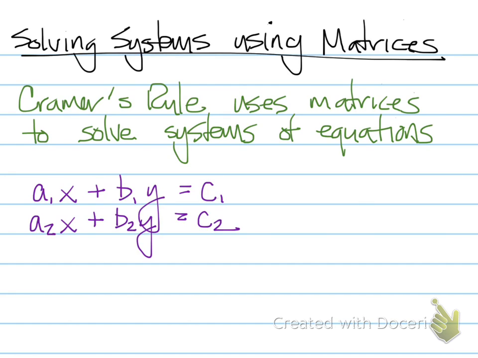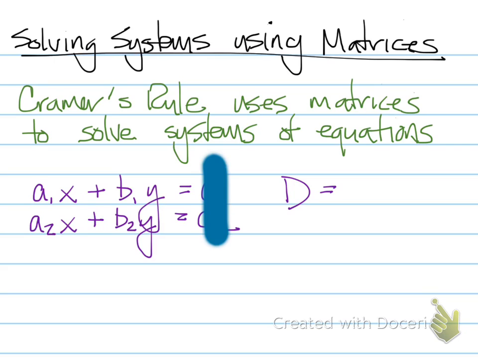All right, so given the following 2x2 system, if we're going to use matrices to solve this 2x2 system, the first thing we want to do is find the determinant of the coefficients that have variables in front of them.